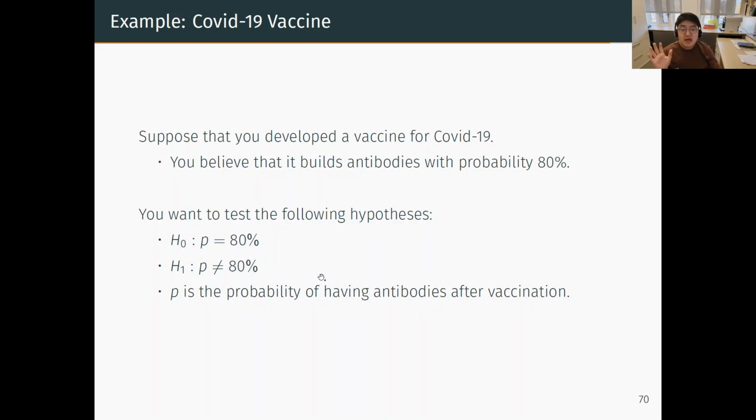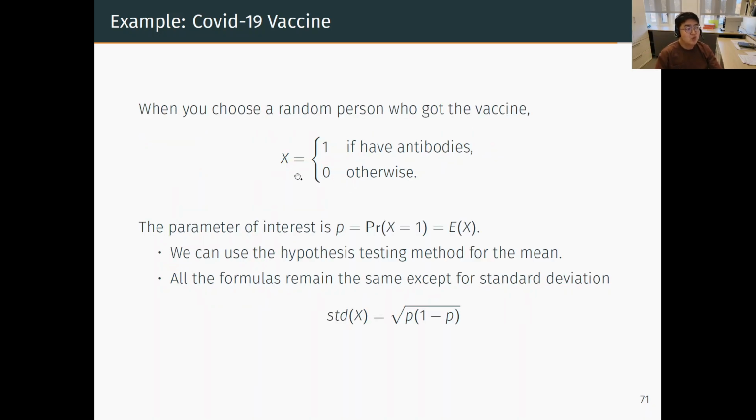Now, this is a special example because whether you have antibodies is a binary variable. You have it or not, right? So it is a yes or no type binary variable. So we are going to define the underlying random variable in this way. X is a random variable, so it takes 1 if you have antibodies, 0 otherwise.